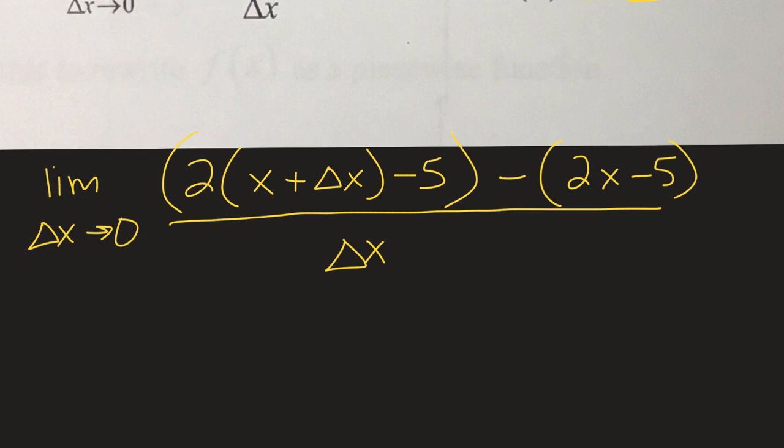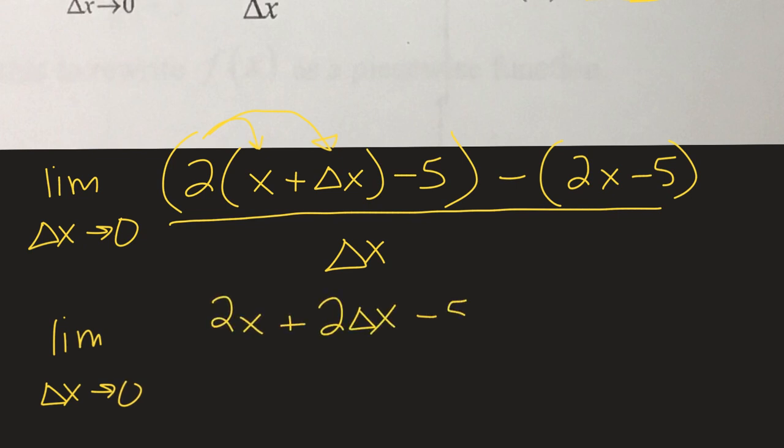Okay, so this simplifying step is let's just distribute and get everything out of parentheses. So this is a 2x plus 2 delta x minus 5.